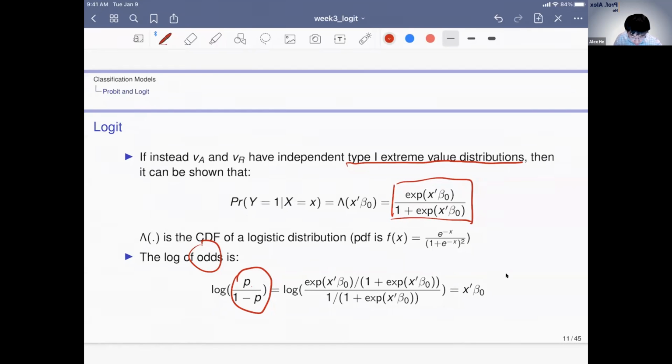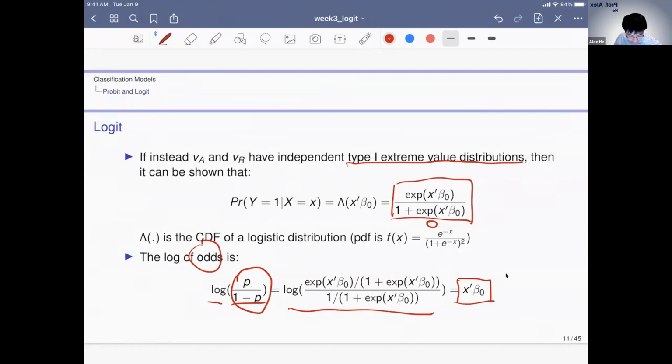And here, when you have the probability that equals to this function, then take the log of the odds. So the odds is p over 1 minus p, and then you take the log of the whole thing. And that actually equals a very simple function, which is just beta x, okay?